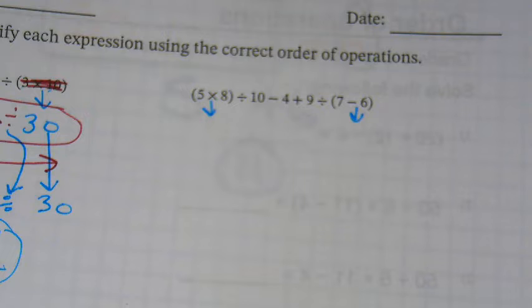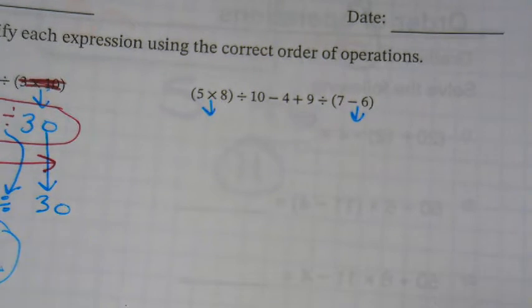What does that mean? No, that's wrong. There's no decimals, there's no negatives. So if you work ahead of me and you end up with an answer of like 2.5, you did something wrong. You did an order of operations wrong.